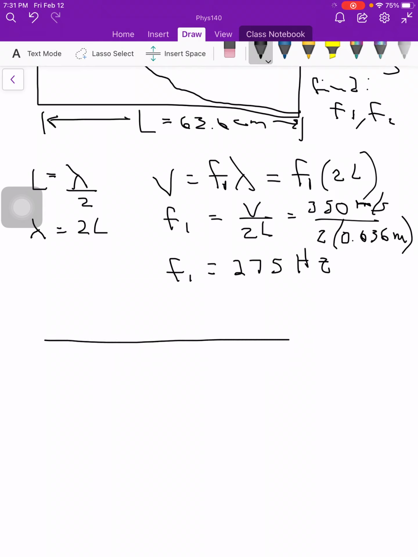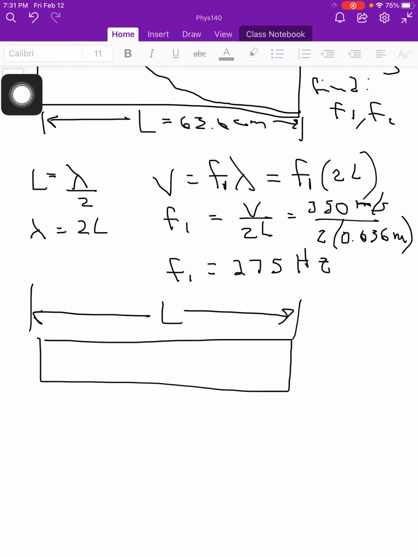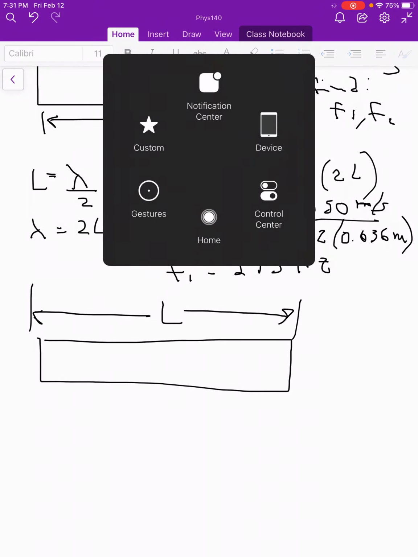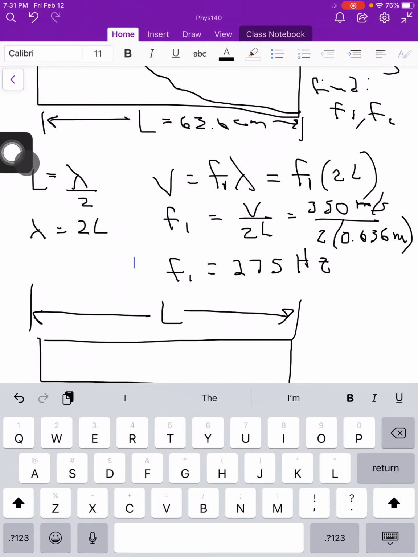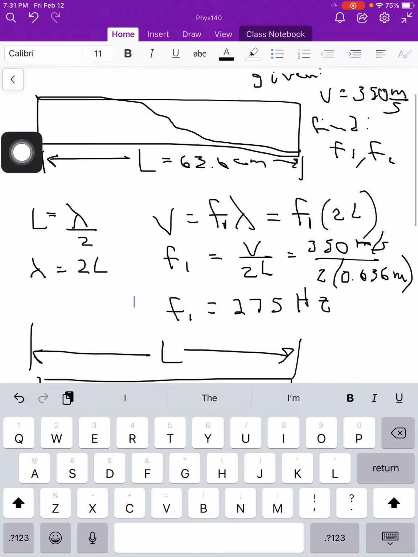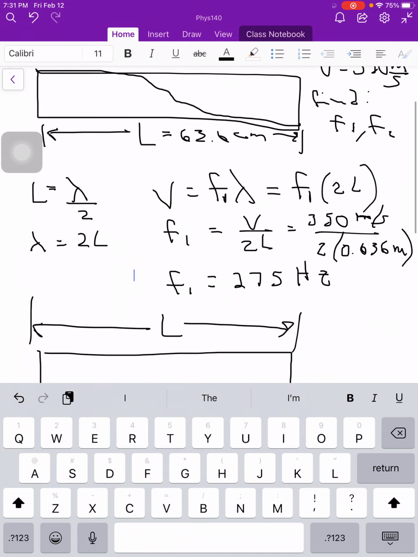The same, hopefully I make that the same length L. Okay, and so for the first one, right here, for this one up here, we see that the smallest wave that we can have for that L is lambda over 2. And what's next, right? That's what we have to figure out.